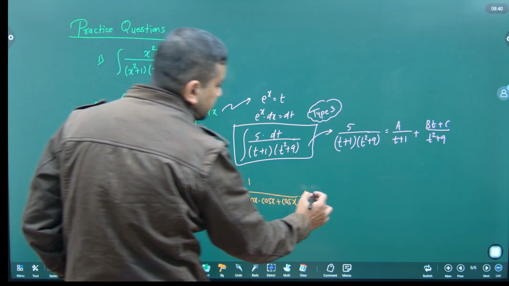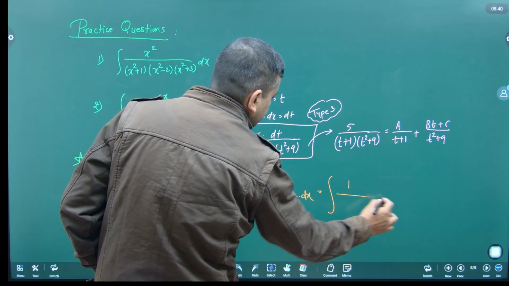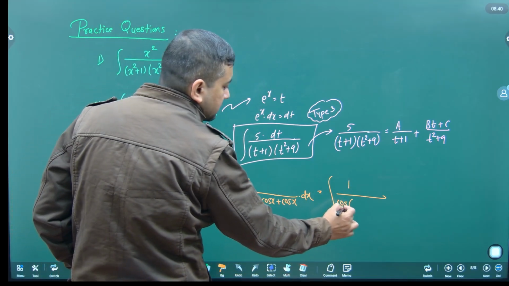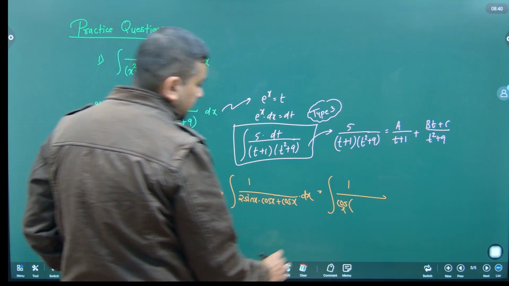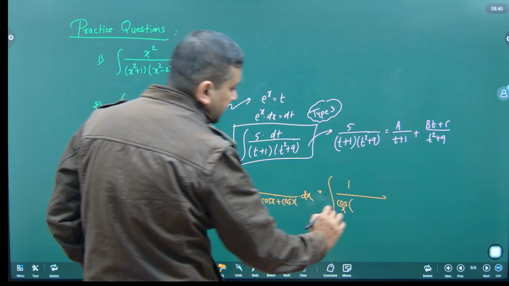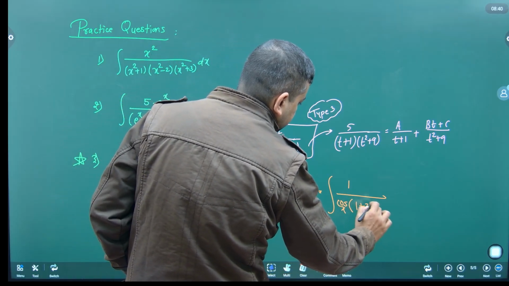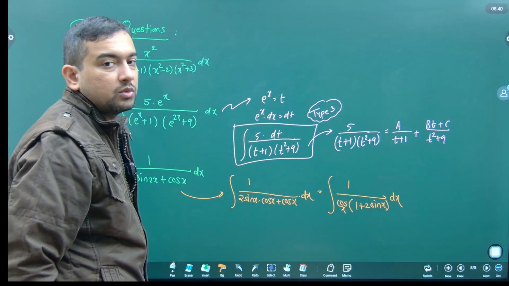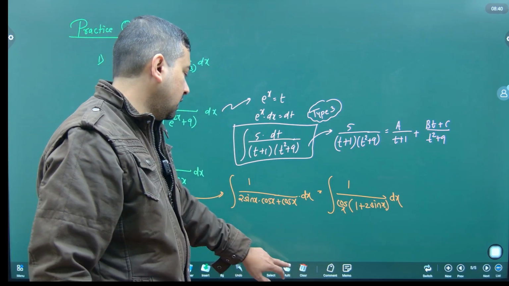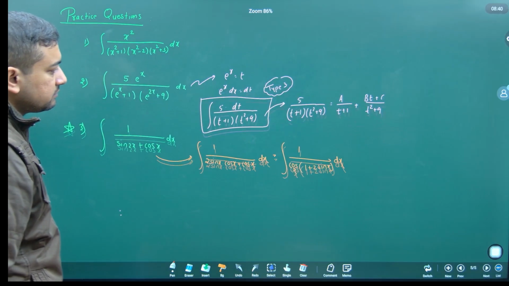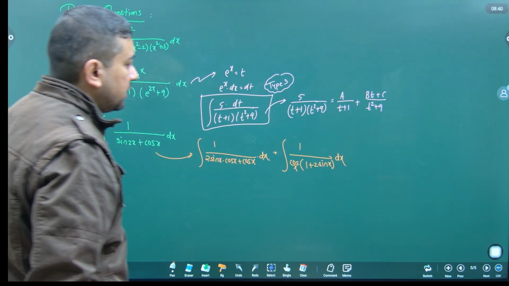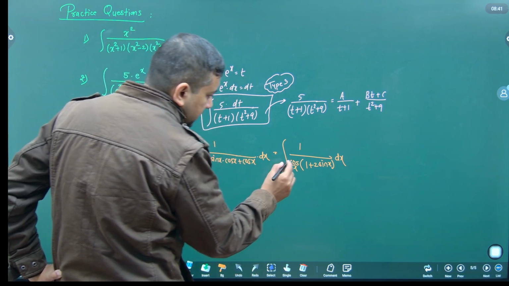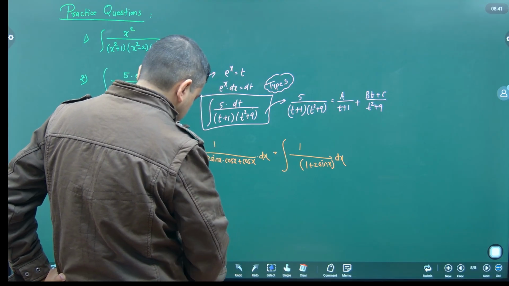What can I take common? I can take cos x common. If I take cos x common, in the bracket it will be 1 plus 2 sin x. Still I am not able to convert this into partial fractions. So what I will do, let me write this properly so that there won't be any confusion.